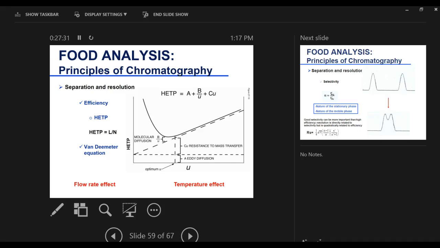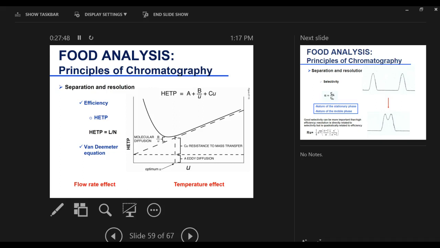Okay, so the second one is longitudinal diffusion. Longitudinal diffusion has to do with the fact that in any case, your compound is going to move from point A to point B by diffusion.